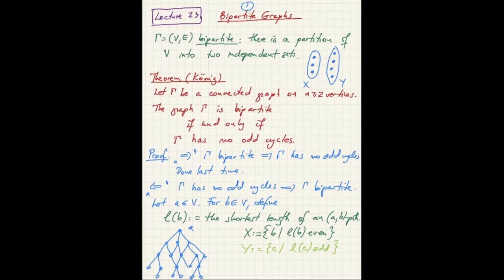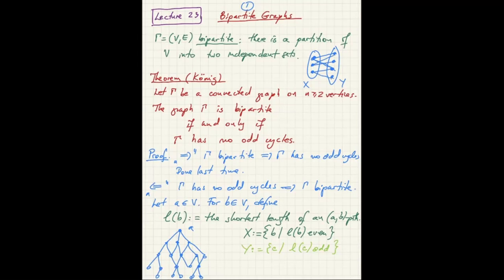So there are no edges with both vertices in X, and there are no edges with both endpoints in Y. The only edges that you could find are edges going between the parts, with one endpoint in X and the other in Y. Something of this form.